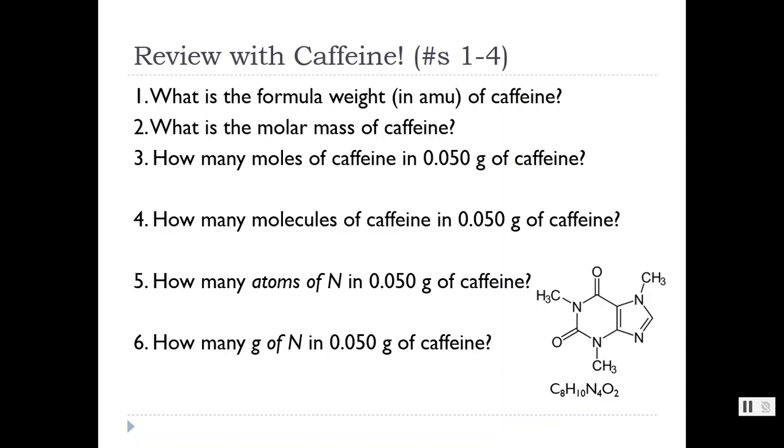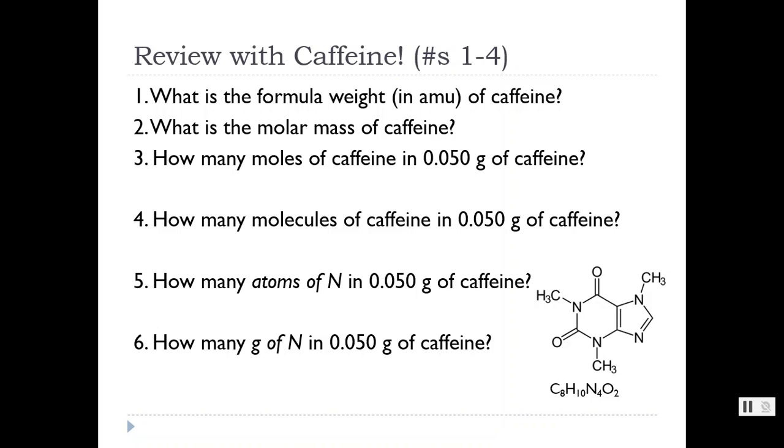Underneath the structural formula, you see the molecular formula for caffeine, C8H10N4O2. And if you remember, molecular formulas speak to how many of each type of atom there are in the actual molecule.